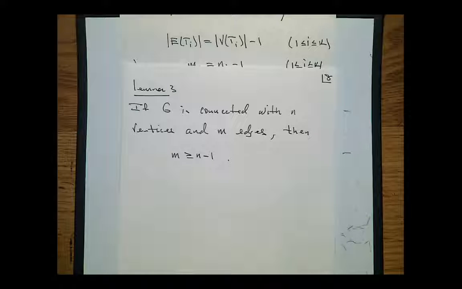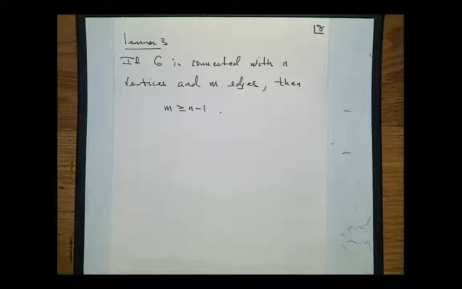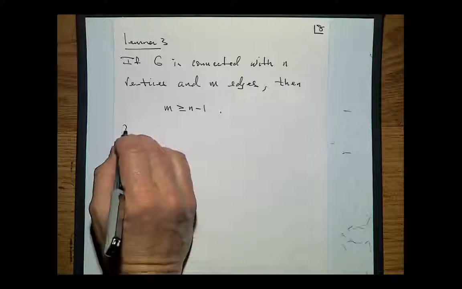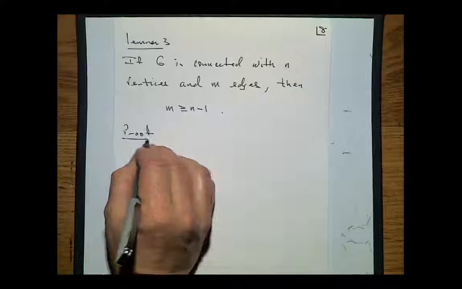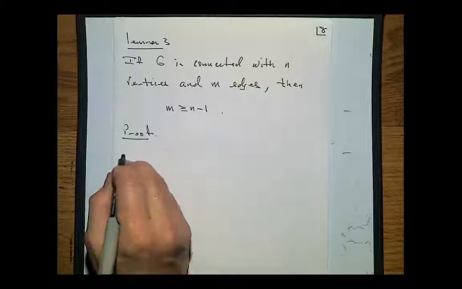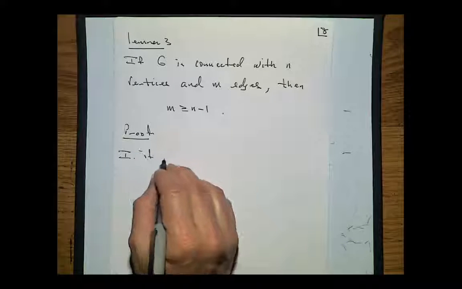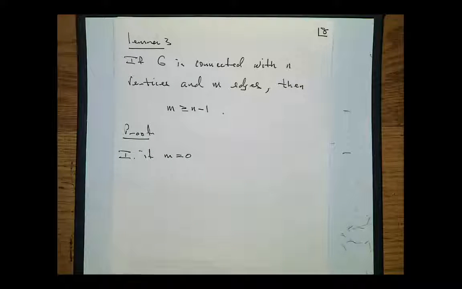Okay, so how do we prove this? This proof is a proof by induction, and it's a direct generalization of the induction proof I showed you a few minutes ago. Prove. Okay, so 1, we'll start with m equals 0. This is the same base case as before.